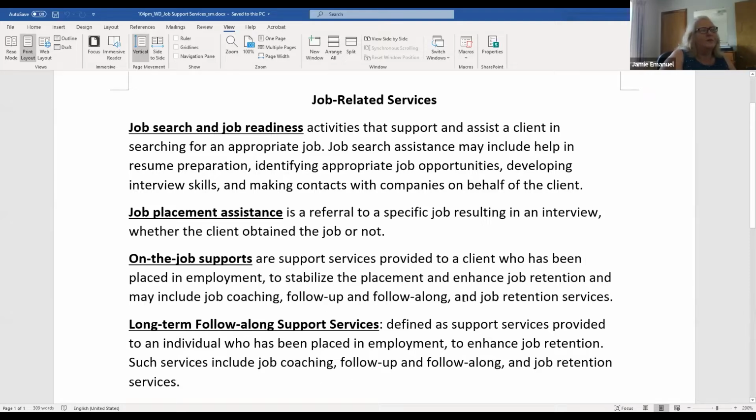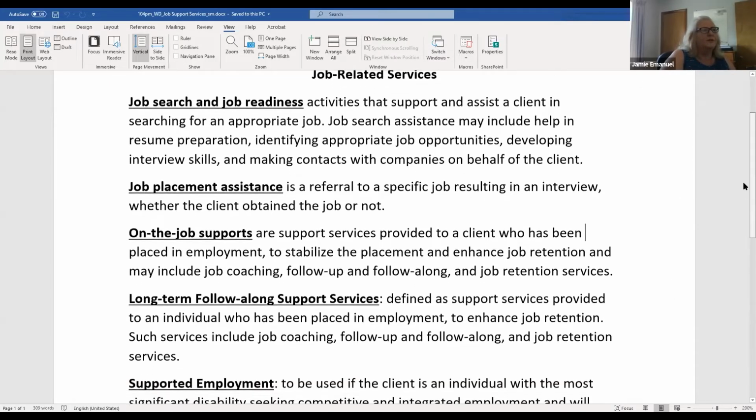Other on-the-job supports are considered services provided to a client who's been placed in employment to stabilize the placement and enhance job retention. It may also include job coaching, follow-up, follow-along, and possible job retention services. Another area that we look at is long-term follow-along support services.